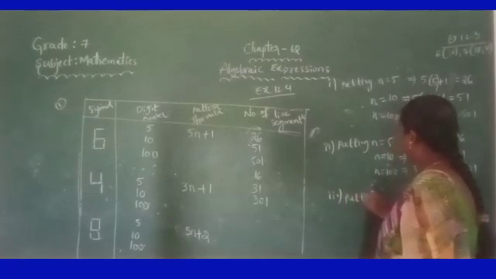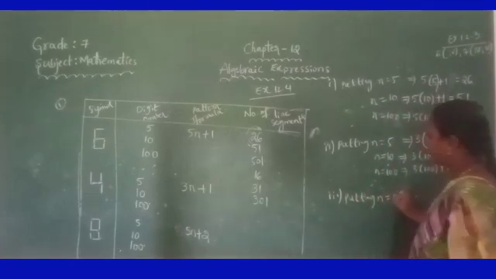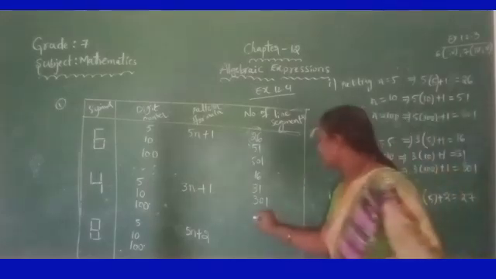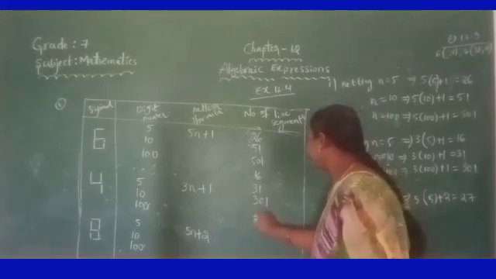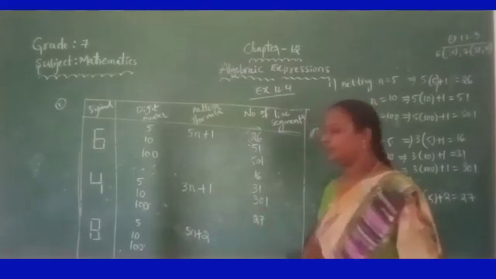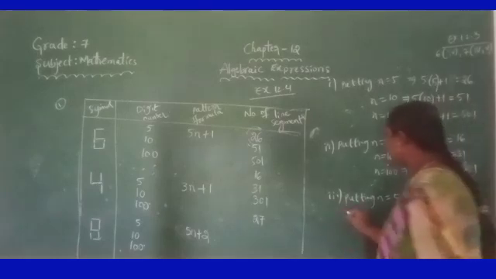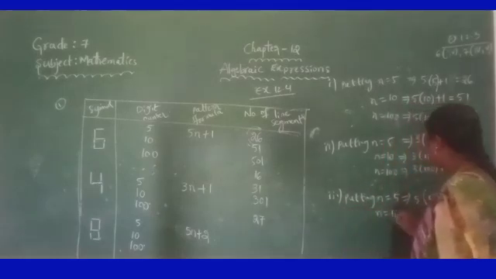Putting n is equal to 5, substitute in the formula 5 into 5 plus 2. 5 fives are 25 plus 2, 27. So what is the number of line segments required for the digit 5 for the symbol 8? 27 line segments.